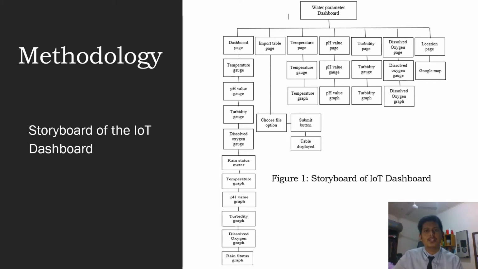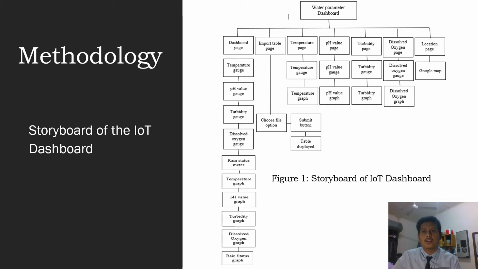For the third page, there is the temperature page, which has a temperature gauge and temperature graph. The fourth one, the pH value page, has a pH value gauge and pH value graph. The fifth page, the turbidity page, has a turbidity gauge and turbidity graph.